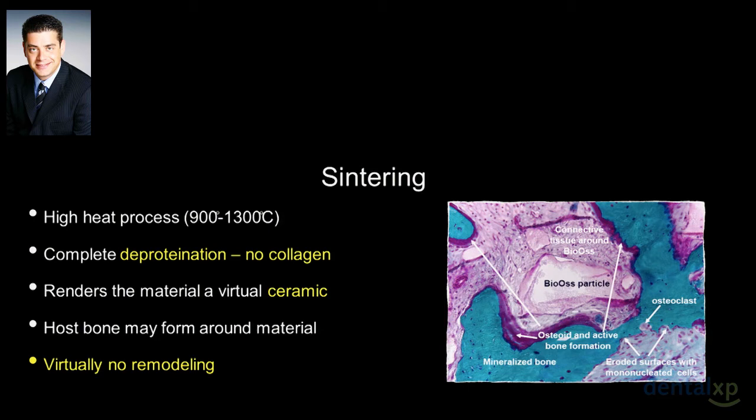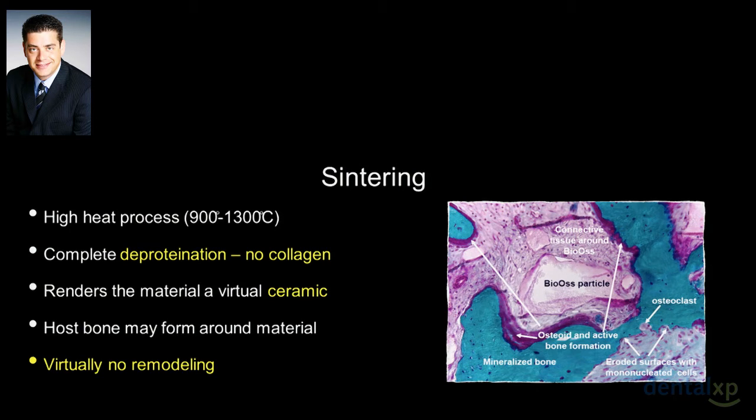This process is called sintering, which is bringing bone to extremely high temperatures. That will completely denature all the protein content, and we'll be left with the crystal, which is just the mineralized component of bone. As a consequence, what you have is a good osteoconductive material, but without a lot of binding mechanisms to new osteoblasts. So that's the main limitation of xenografts.